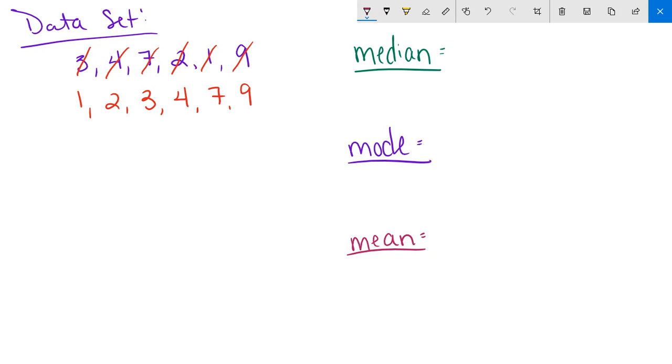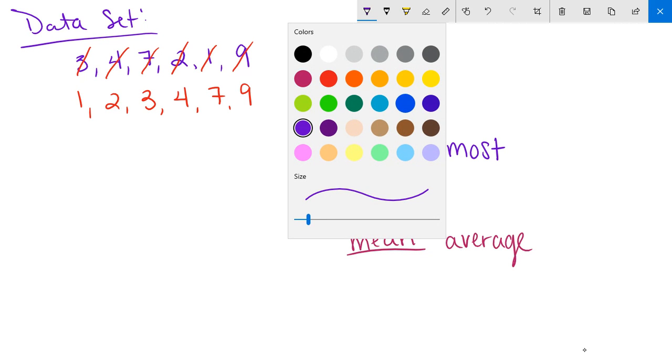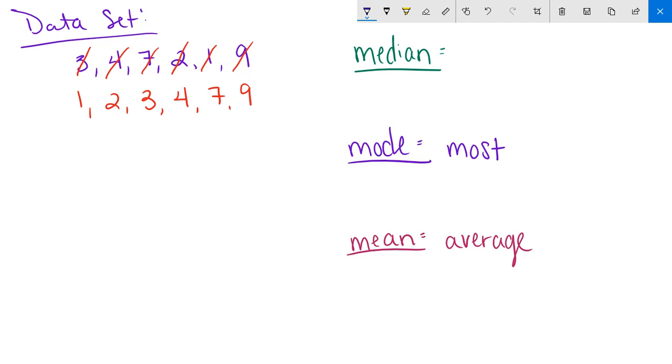Okay, you usually hear mean, median, and mode. Okay, well, the mean, if you guys recall, is another way of saying the average. Okay, the average. The mode is the one that occurs the most, and the median, that's green. The median is the one in the middle.